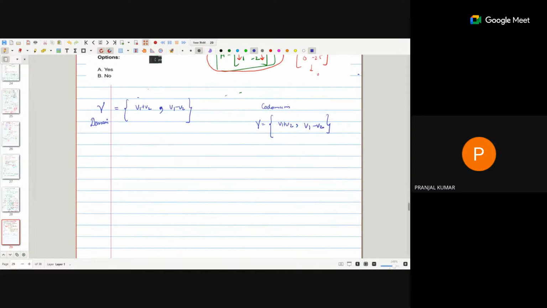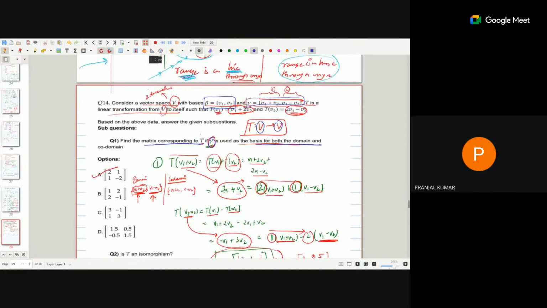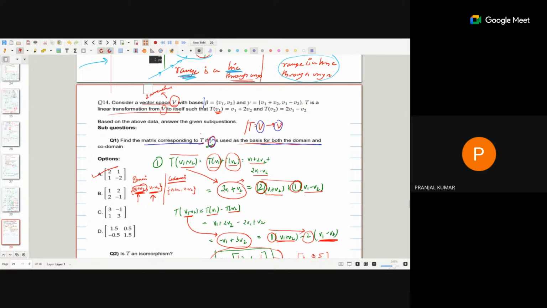Okay. Now what do we do? We find the images of these. But we don't have the images of these directly given to us. Can you see the images, T of V1 minus V2 or T of V1 plus V2, given anywhere?